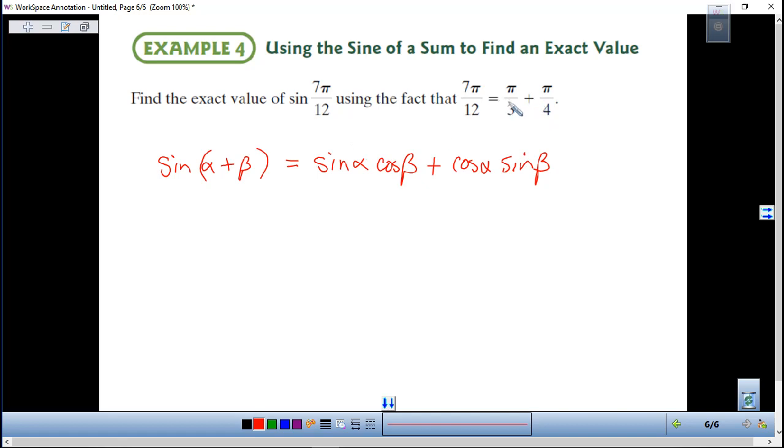Then now all I do is go back and plug in my alpha, pi over 3, and my beta, pi over 4, and simplify.